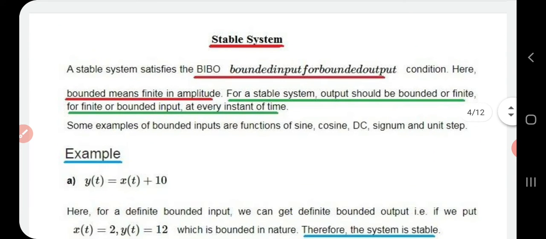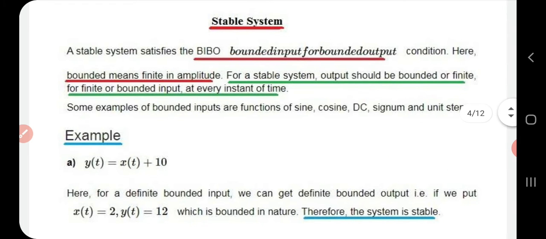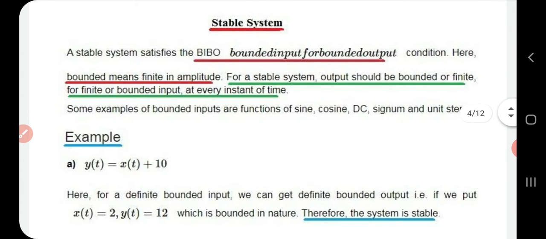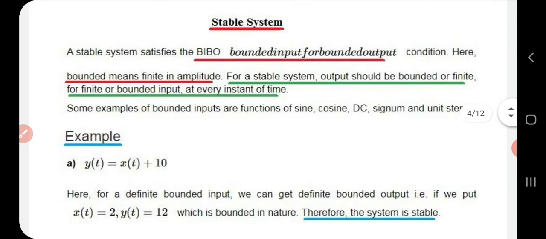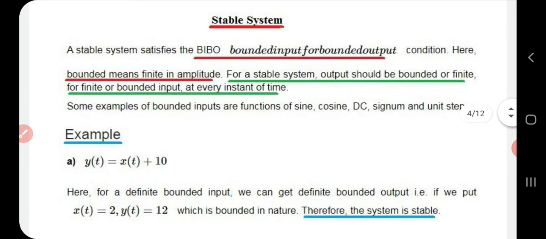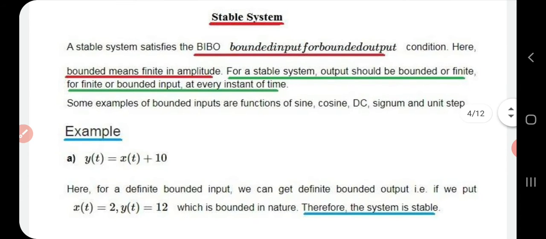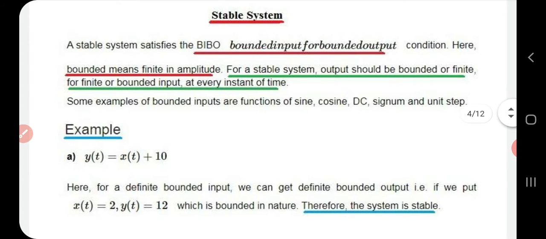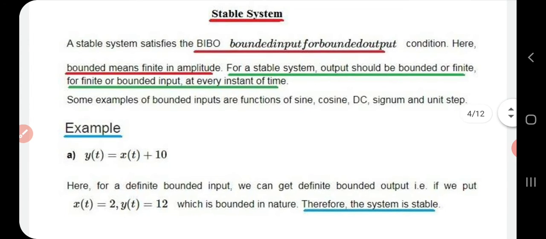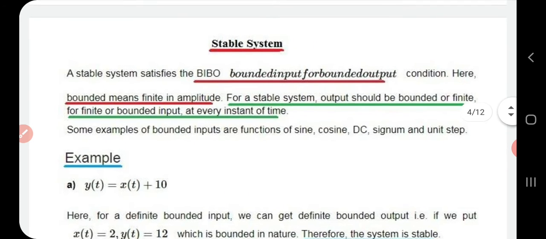Now, a brief definition. These are just definitions. What is a stable system? A stable system satisfies the BIBO condition. BIBO means bounded input, bounded output. Here, bounded means finite in amplitude. For a stable system, the output should be bounded or finite for a finite or bounded input at every instant of time. That is when we call a system stable.